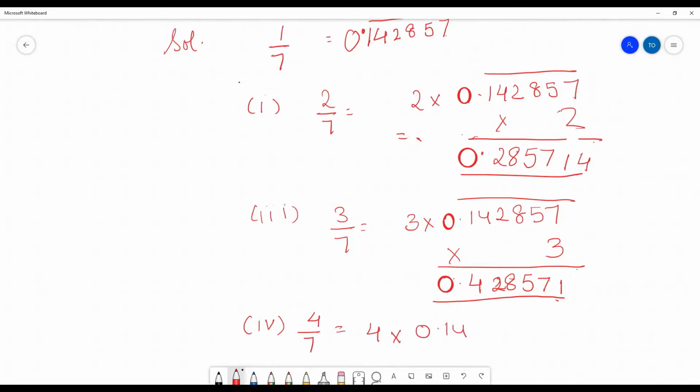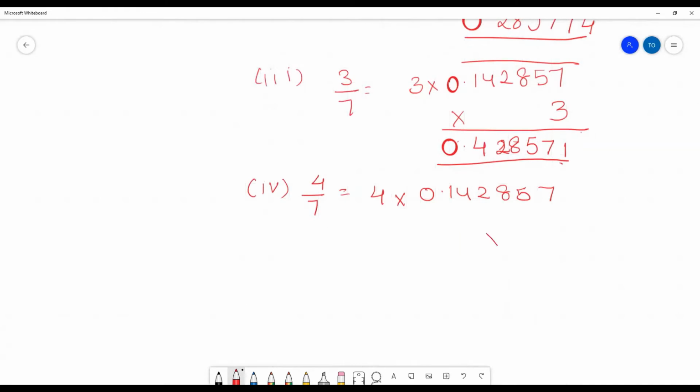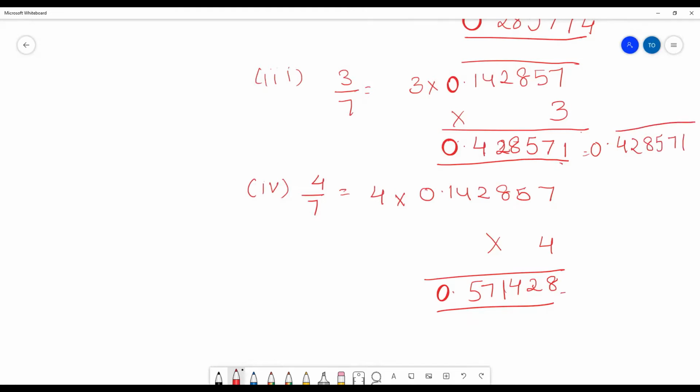In the similar manner, the bar will be on this number only. And here also the answer is found.